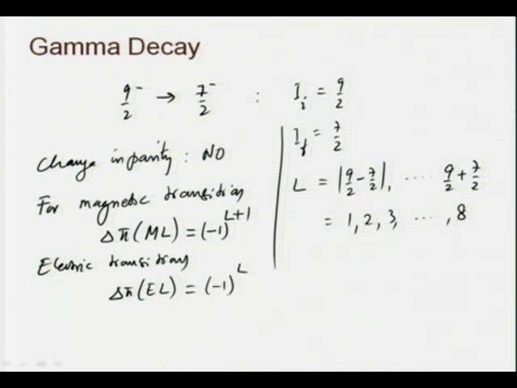So, between magnetic and electric of the same order L, if one has a change in parity, the other will not have a change in parity.